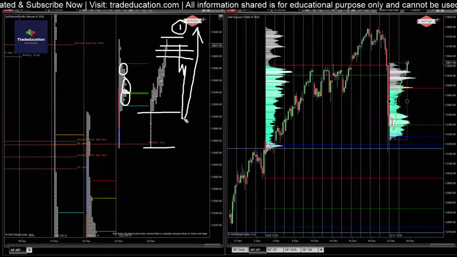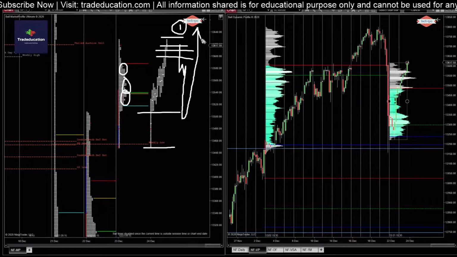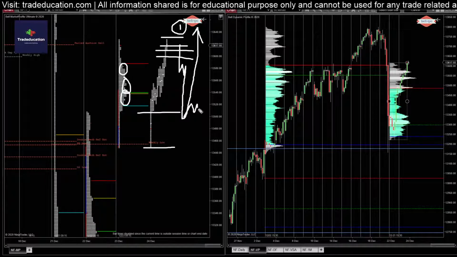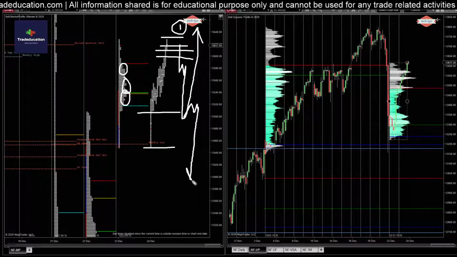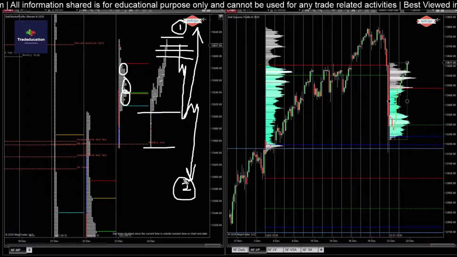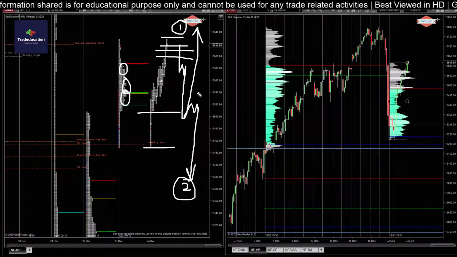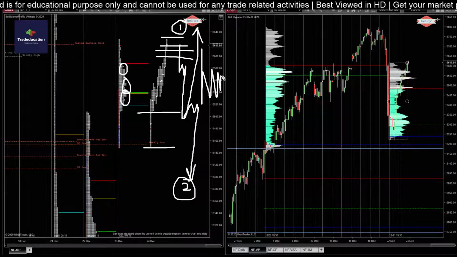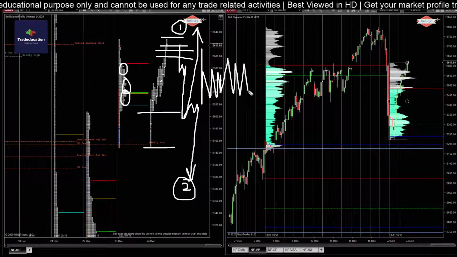The second auction development path is it does not happen. The single print is again getting absorbed, we see some balancing, and then we see continuation to the downside. The third auction development path, wherein the odds are much higher, is I'm just expecting a balancing. Just one balance today.